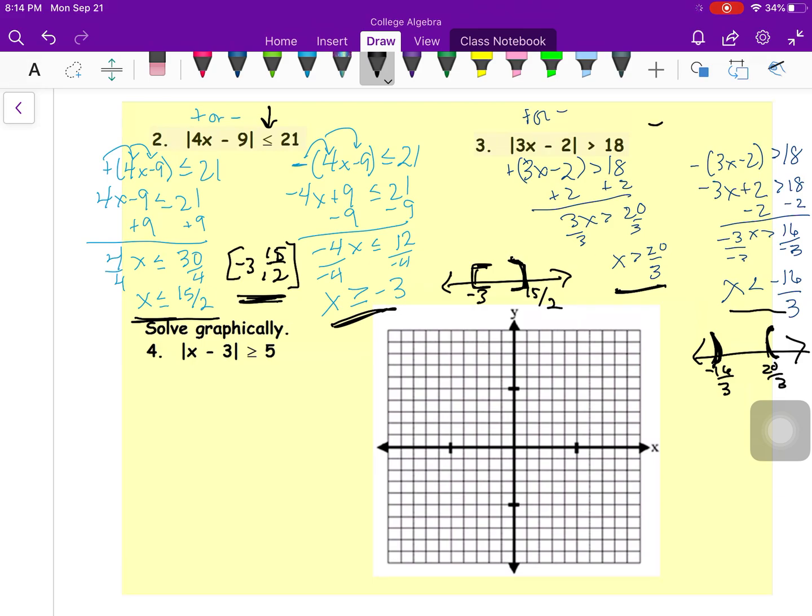So furthest to the left, I have negative infinity to negative 16/3, all in parentheses, union 20/3 to positive infinity. Greater than should be a disjoint set at the ends.